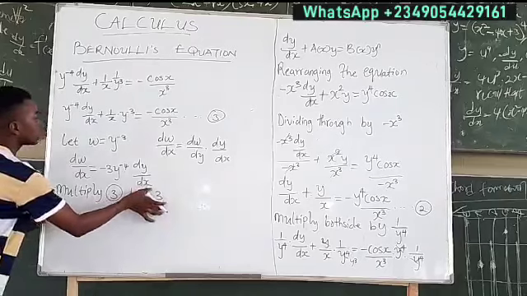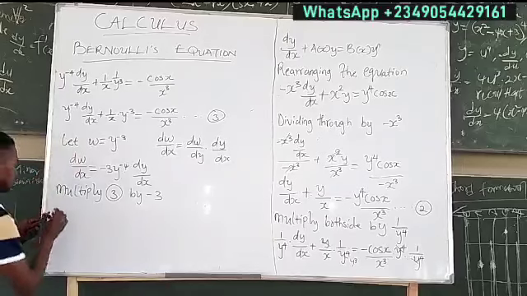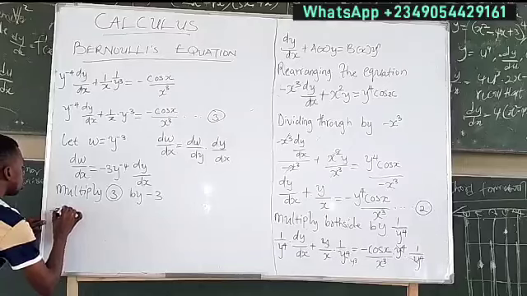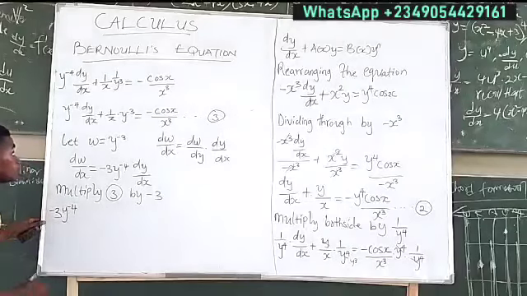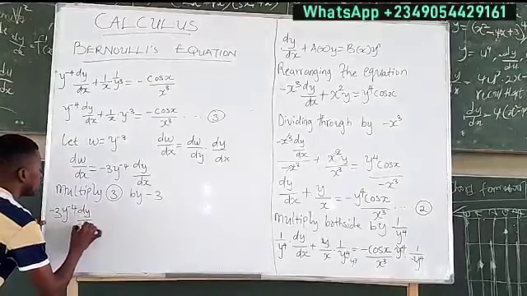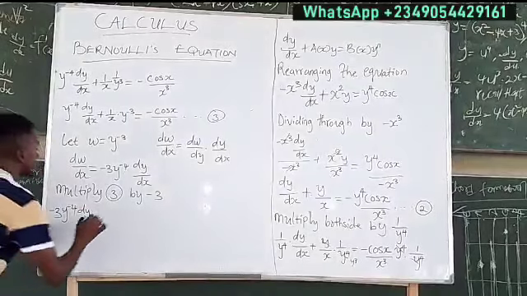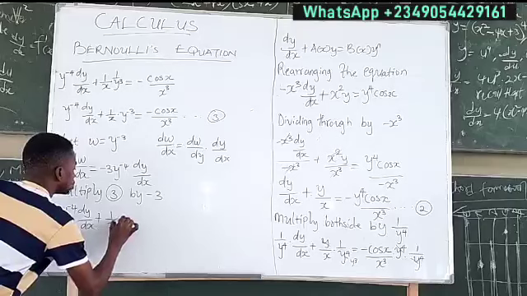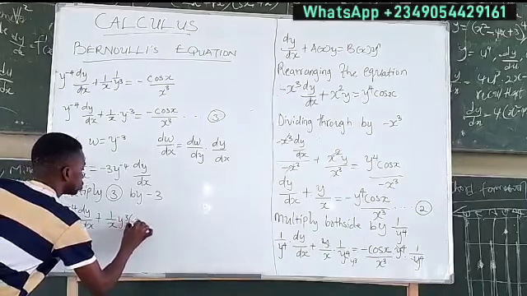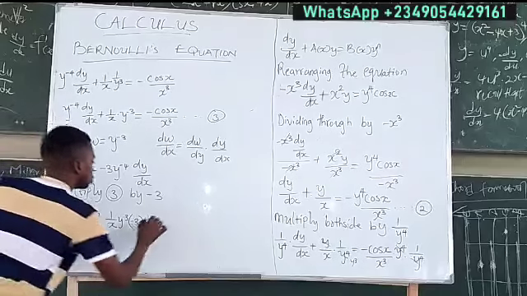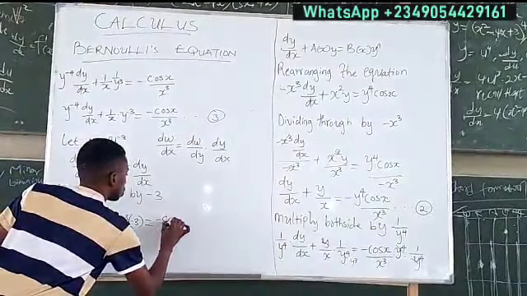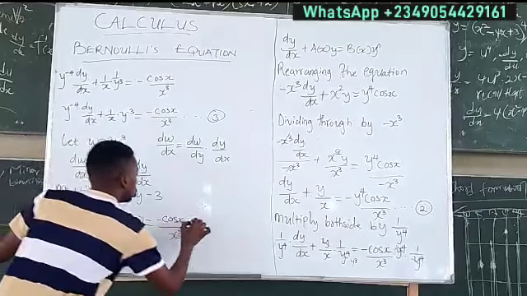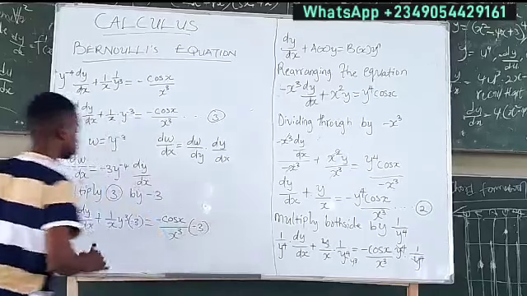So multiplying equation 3 by minus 3, you get minus 3 times y raised to power minus 4 dy all over dx plus 1 all over x y raised to power minus 3 multiplied by minus 3, then minus cos x all over x raised to power 3 multiplied by minus 3.